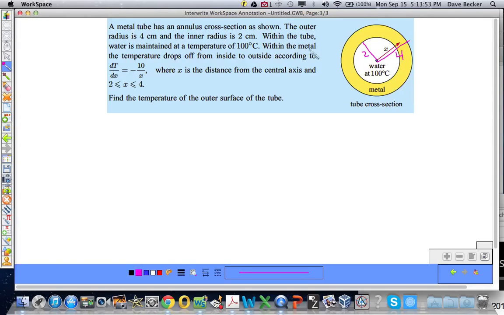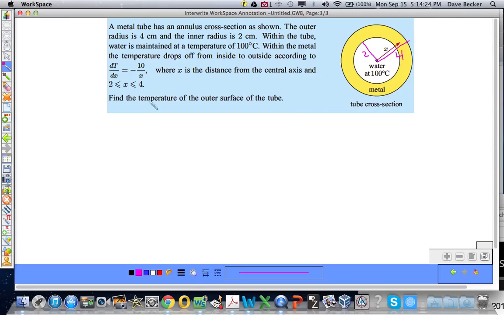Within the metal, the temperature drops off from inside to outside according to this function, where x is the distance from the central axis, between 2 and 4 centimeters inclusive. So that makes sense, the temperature is going to be warmer closer to the center than further away. Find the temperature of the outer surface of the tube.